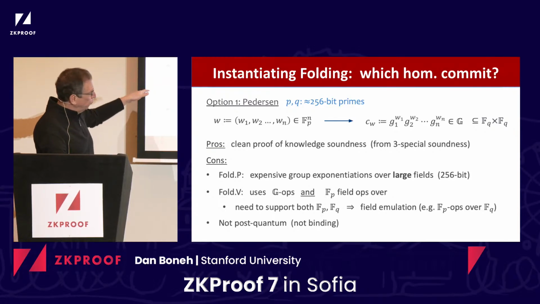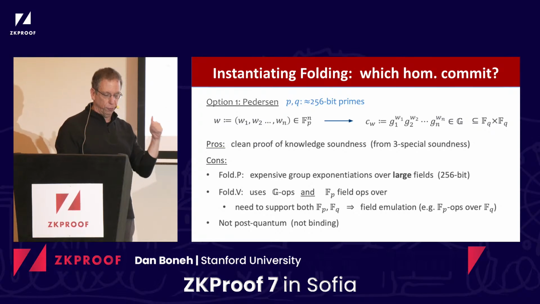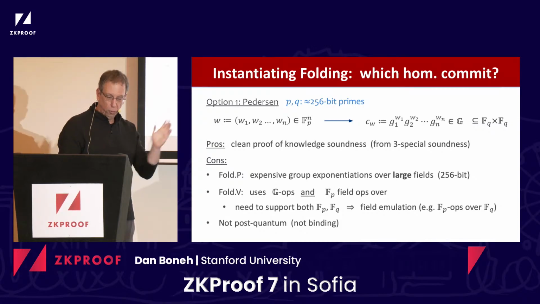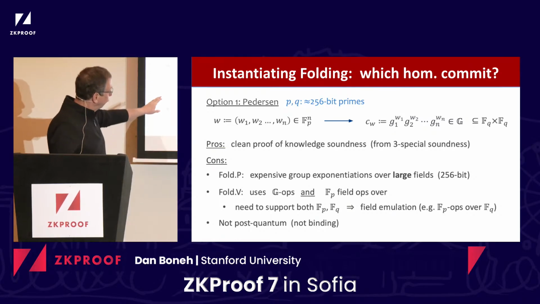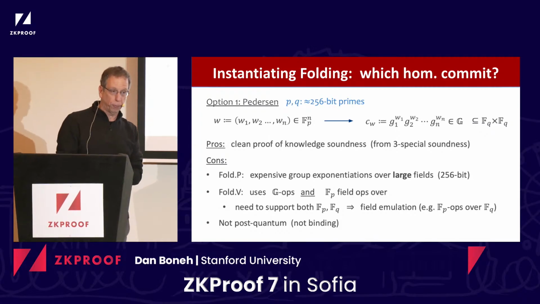The problem with using Pedersen commitments in this context, though, is substantial. First of all, when you use Pedersen commitments, you have to use relatively large fields, a 256-bit field, or maybe even more. The other issue is that the folding verifier has to do both field operations and group operations.